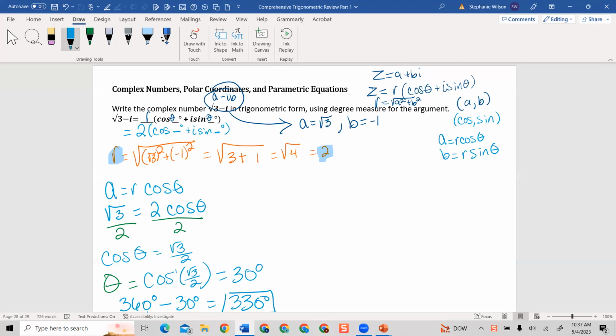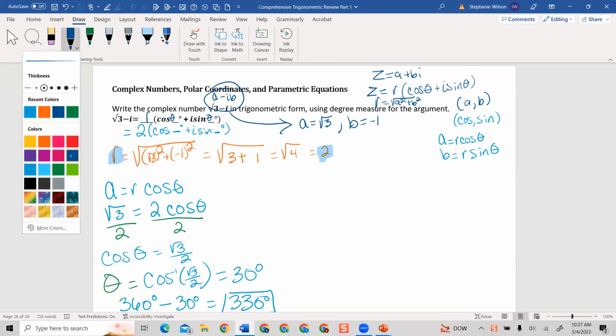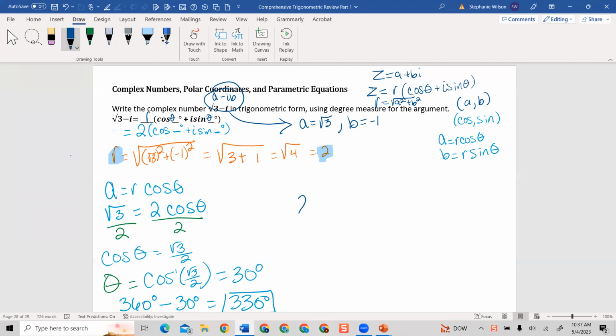So now let's write our answer out here. We have 2 cosine 330 degrees plus i sine 330 degrees. And that is our answer.